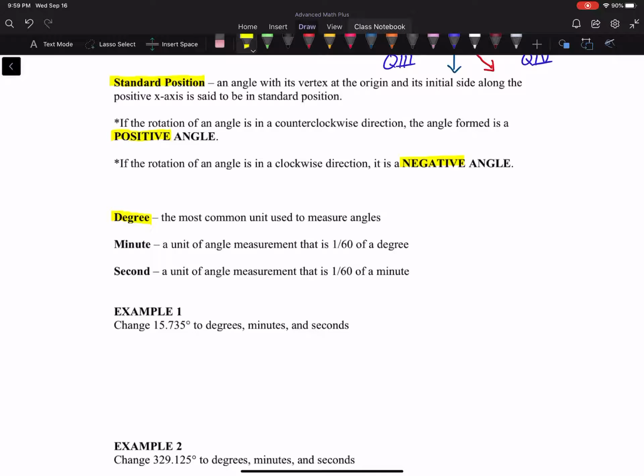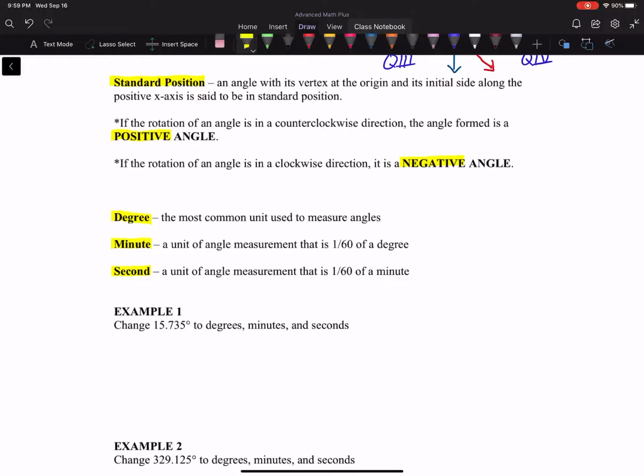Same thing. So a degree can be broken down into minutes and seconds. It takes 60 minutes to make 1 degree, and it takes 60 seconds to make 1 minute. Again, that's just a unit of how to measure an angle.